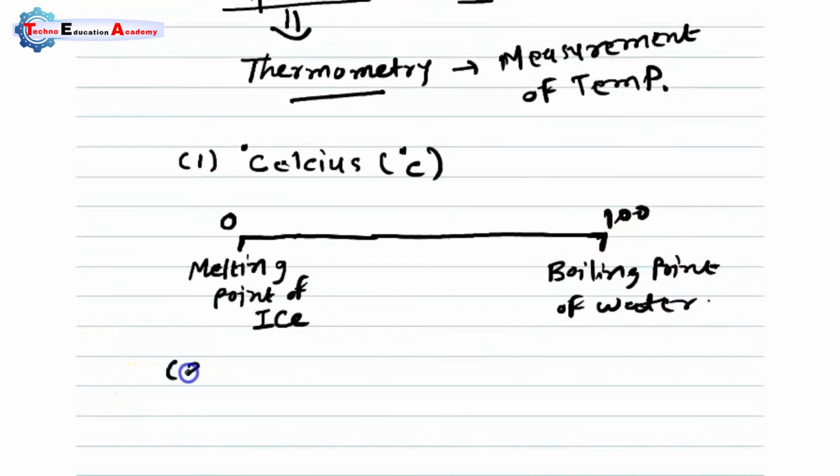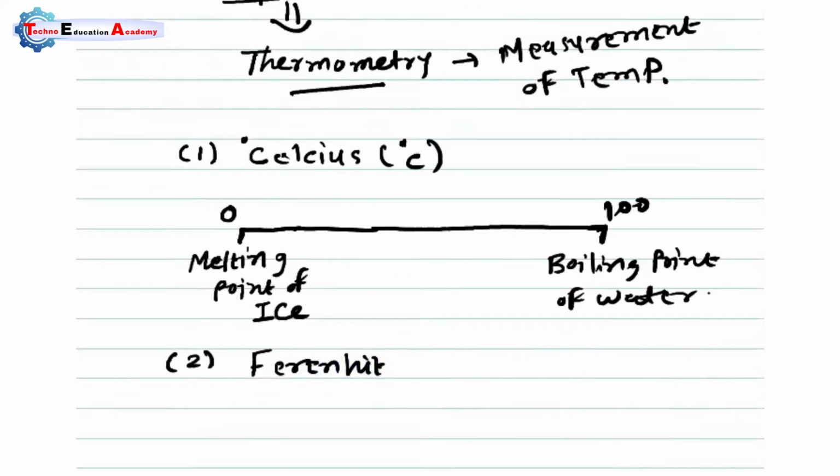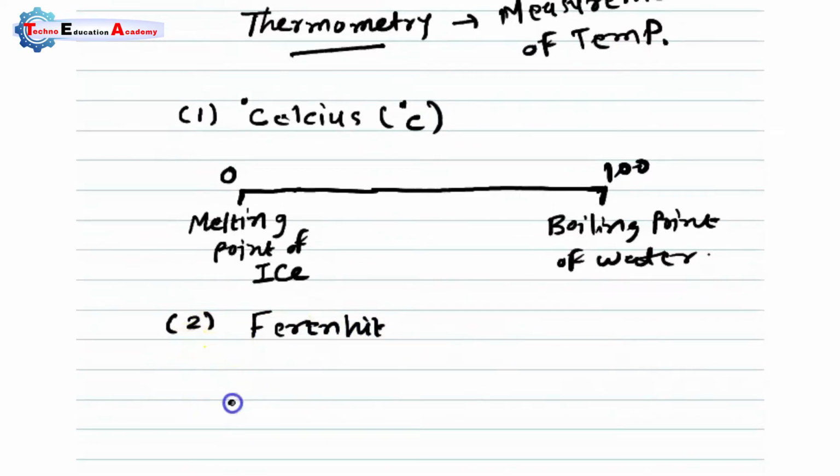Similarly, the second scale is Fahrenheit. Likewise, we can draw one horizontal line with a starting point and an ending point.